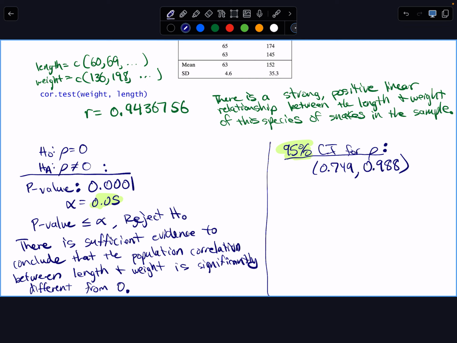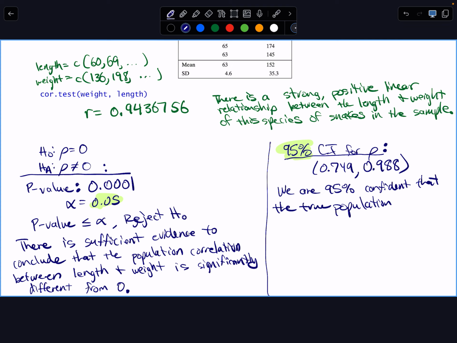And I can say that we're 95% confident that the true population proportion, that is not right.